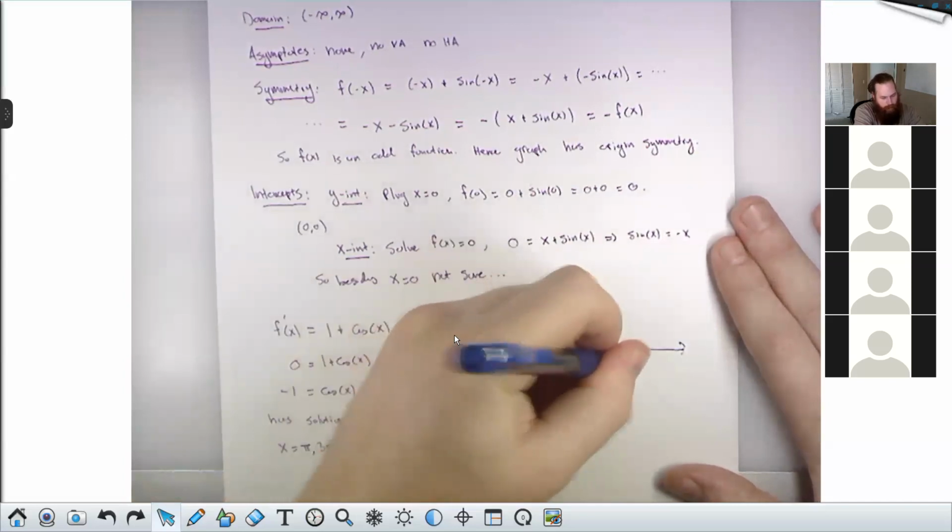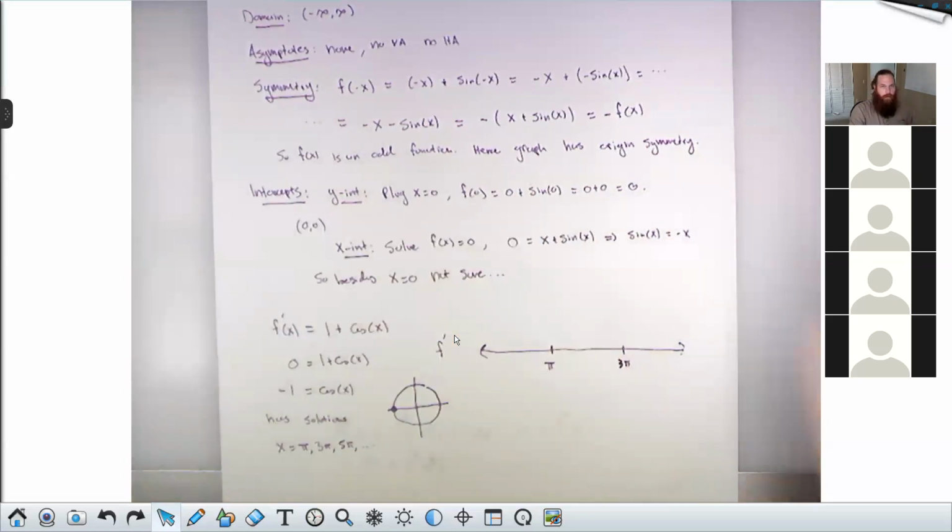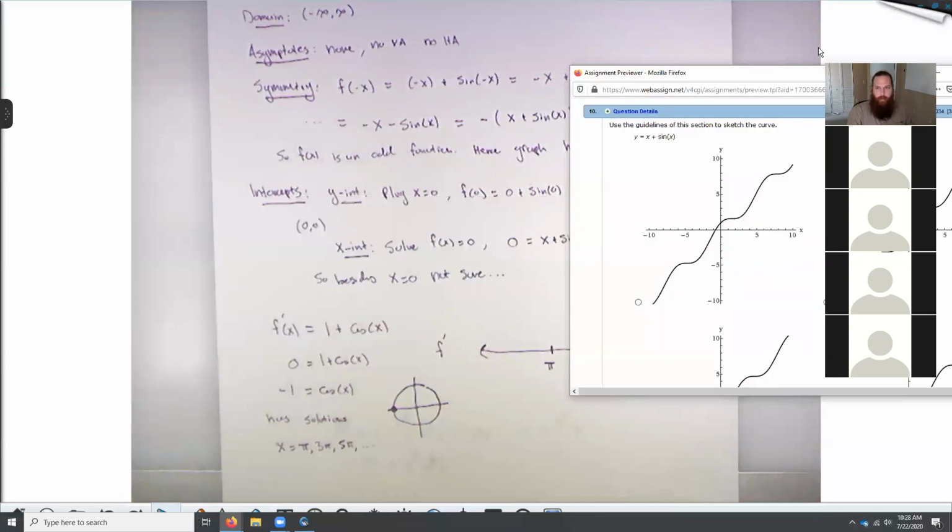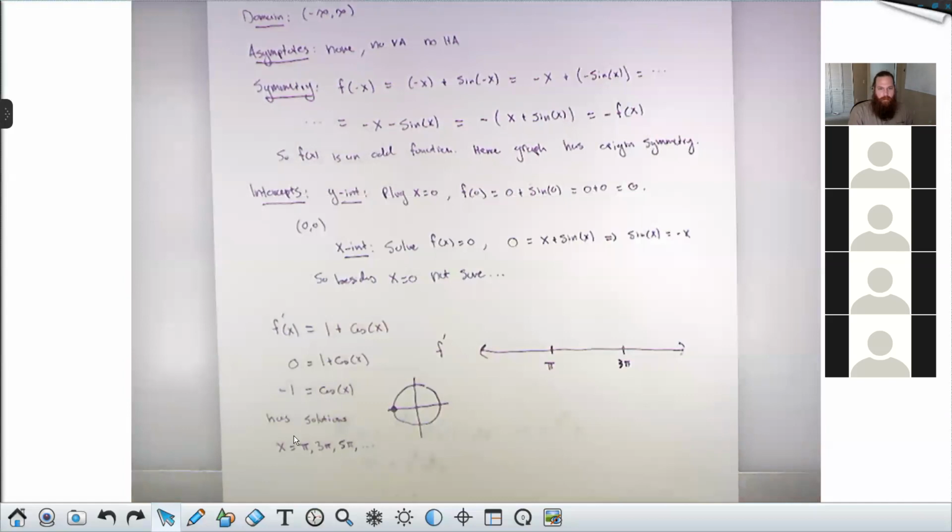And I'll put 3 pi on here. I don't think the problem specified where they wanted us to sketch. Yeah, they don't. But because I've got an infinite list of solutions here, I can't actually put all of them on the number line. So we'll look at the interval 0 to 4 pi. So I'm going to forget about this guy for now. I'm just going to look at the interval 0 to 4 pi and then try to get a feel for what it looks like there.